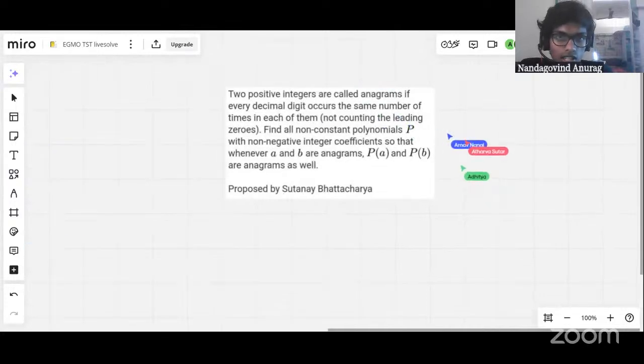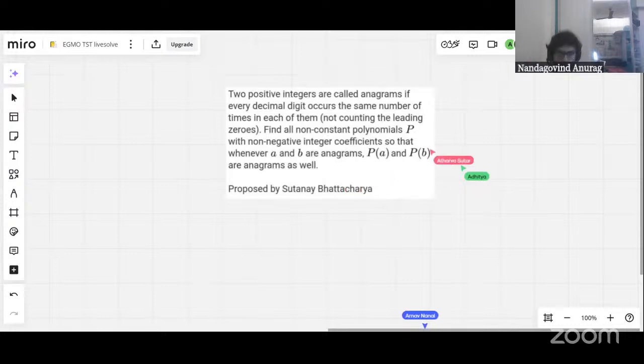Two positive integers are called anagrams. Non-negative integer coefficients is interesting.